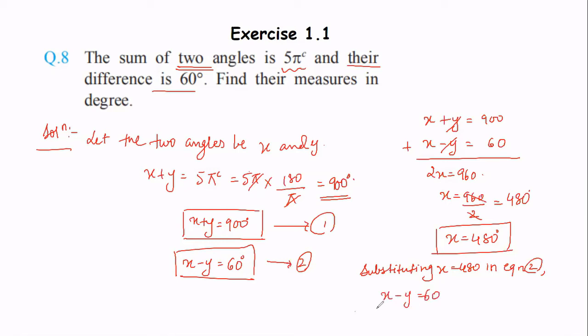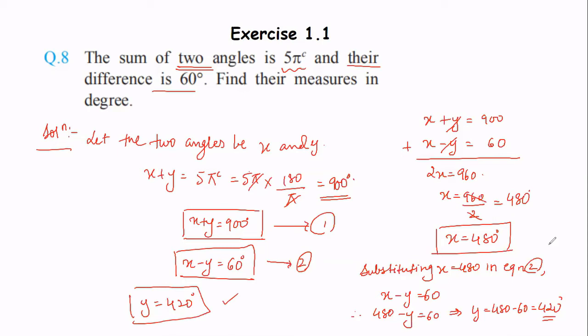Therefore, 480 minus y is equal to 60. So that will give you y is equal to 480 minus 60, that will be 420 degrees. So we got the value of y, I'm writing it over here. We got y as 420 degrees. So that's the answer. x is equal to 480 and y is equal to 420.